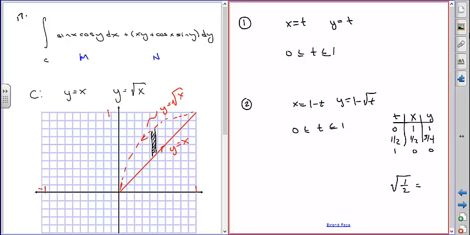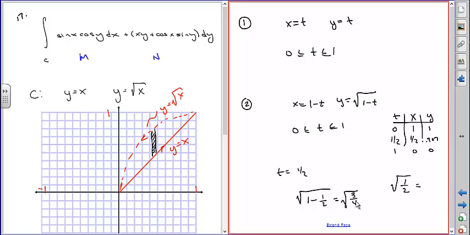Let's try the other one, because this should be 0.707. It should be the square root of 2 over 2, right? So if I do the square root of 1 minus t, and if I let t equal 1/2, I get the square root of 1 minus a half, which is 3/4.